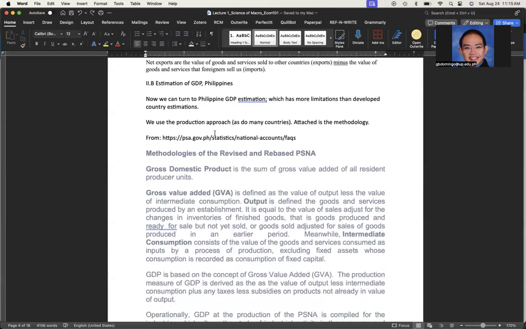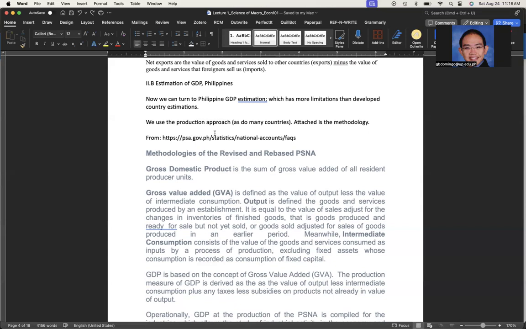So now we turn to actual GDP estimation. It's very similar to the value-added approach, as you will see, except if you recall in Mankiw, they explicitly talked about the underground economy. So in the Philippines, we need to incorporate the underground economy because of its size, and it's very important.